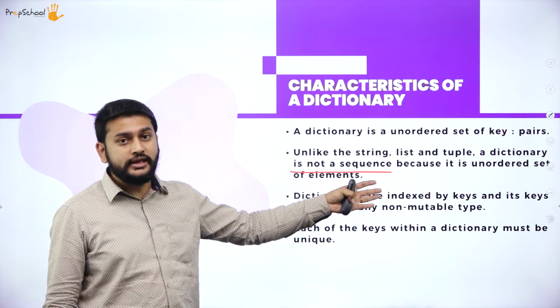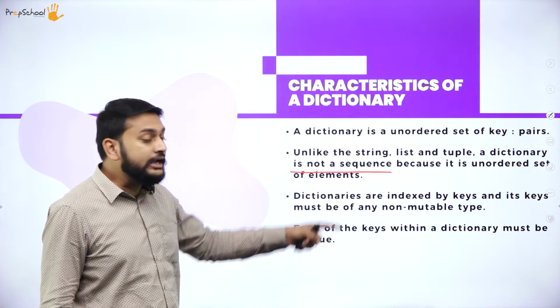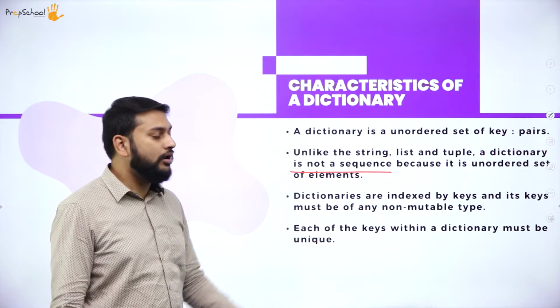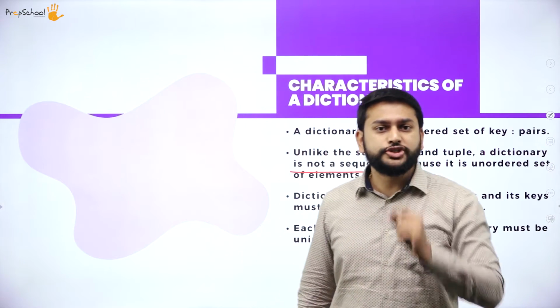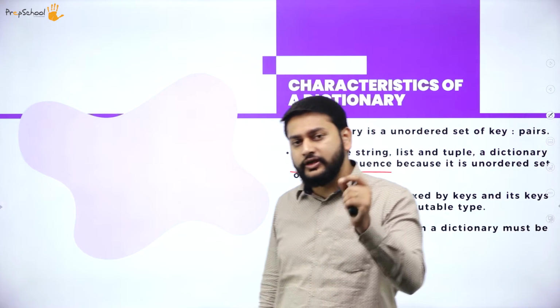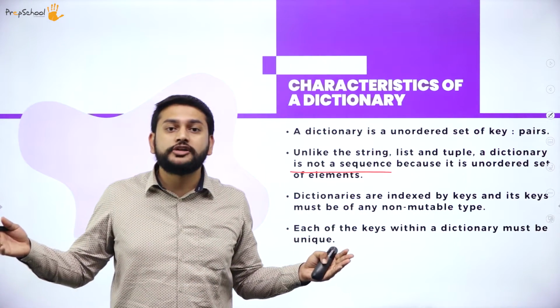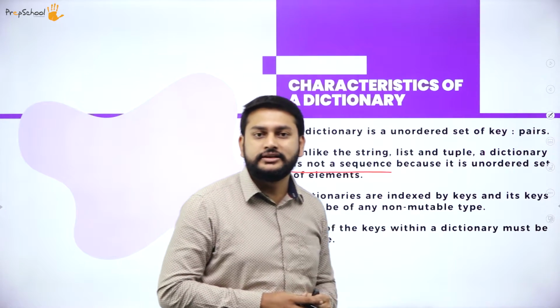Dictionaries are indexed by keys. Please remember, this is very, very important. Dictionaries are indexed by keys and its keys must be a non-mutable type. What is the meaning of it? If I have a dictionary, I will have the pair of key and values. I will be able to change the value, but I am not supposed to change the key that I have in the dictionary.